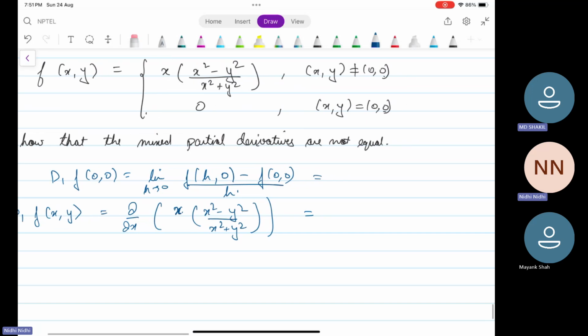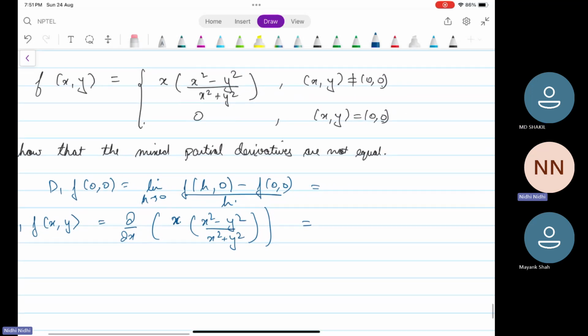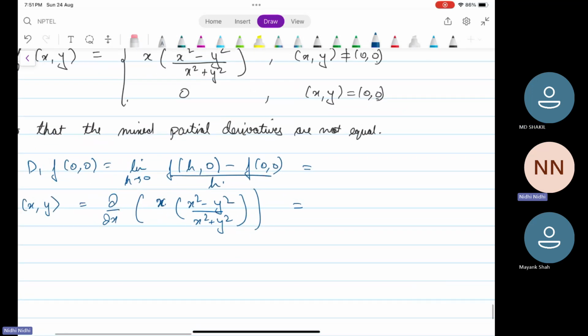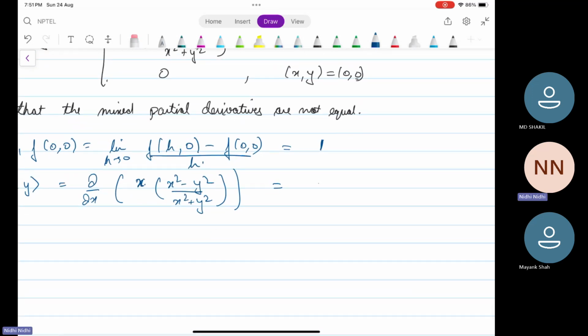So this D1 f at (0,0) is 1, and for non-zero (x, y) this should be (x to the power 4 plus 4x square y square minus y to the power 4) by (x square plus y square) whole square, and you can simplify it in any way you want.